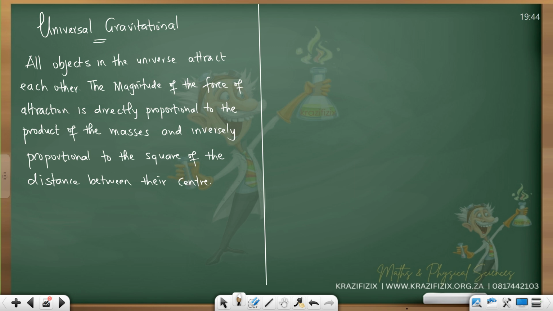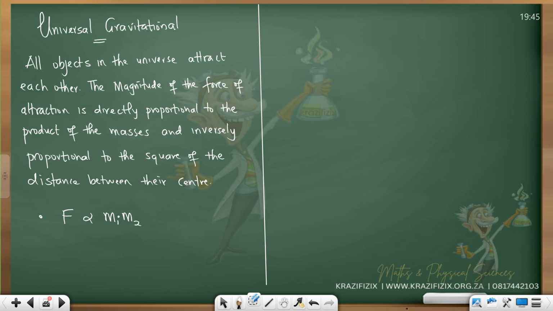The magnitude of the force of attraction between two objects is directly proportional to the product of the masses, M1 and M2. Product means we multiply.